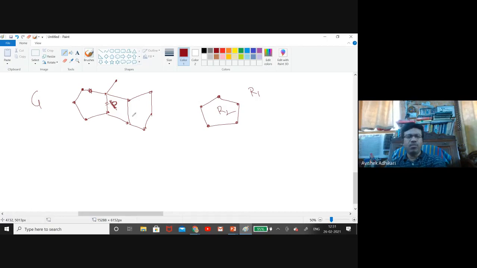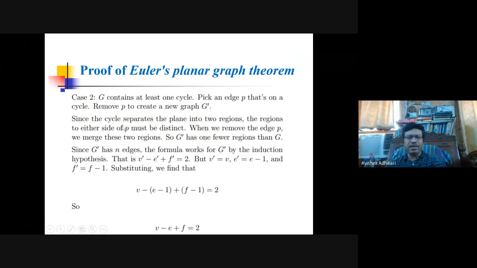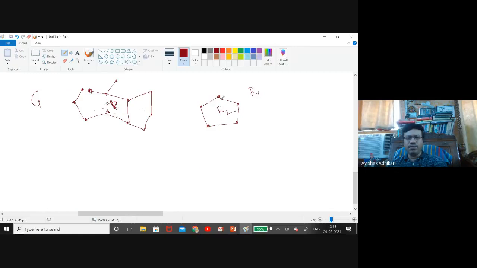There might be more regions, for example here there are many more regions, but still if you have a cycle, it will separate the plane into two regions. For example, if you have this as a cycle and this as a cycle, it will separate the whole thing into two regions.